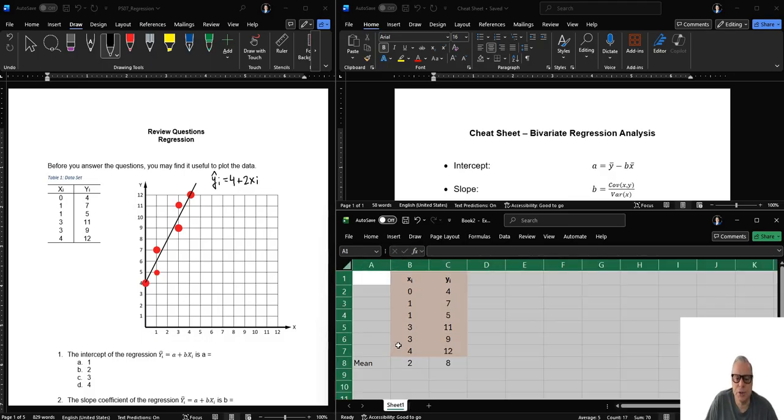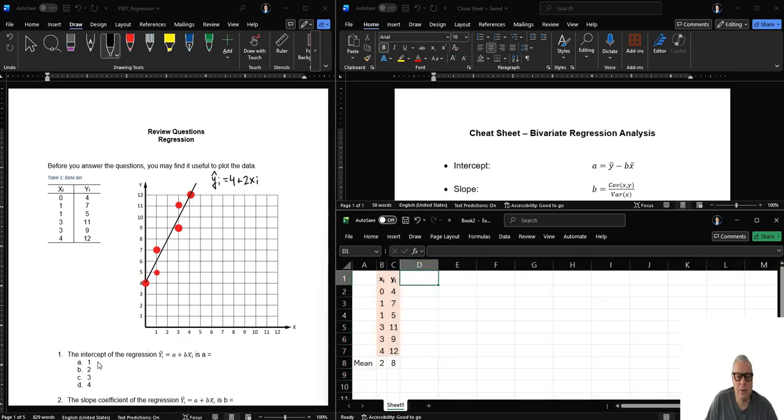Now in order to calculate the intercept, which is probably 4, we first need the slope coefficient, and again the slope coefficient b, which we probably find is 2, is given by the sum of, well, it is the covariance over x and y over the variance of x.